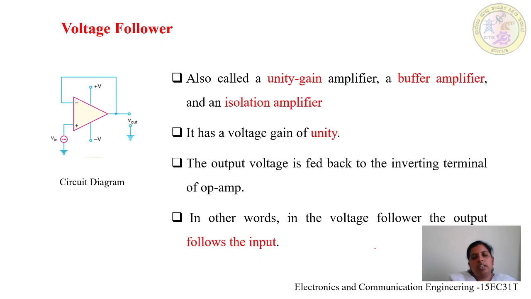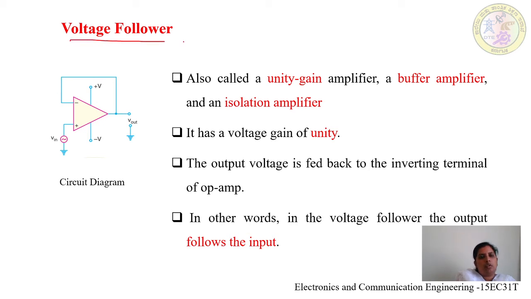And next we will discuss the voltage follower. So this is the circuit of the voltage follower. It is a special case of the non-inverting amplifier. We apply the input through the non-inverting terminal, and the output is fed back to the inverting terminal.